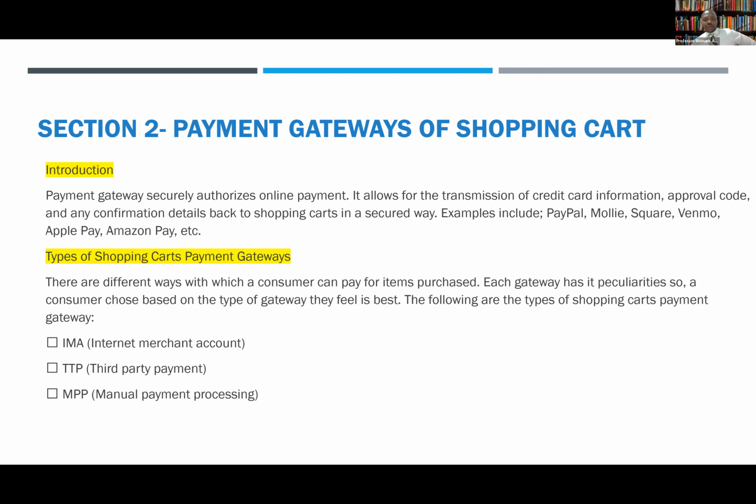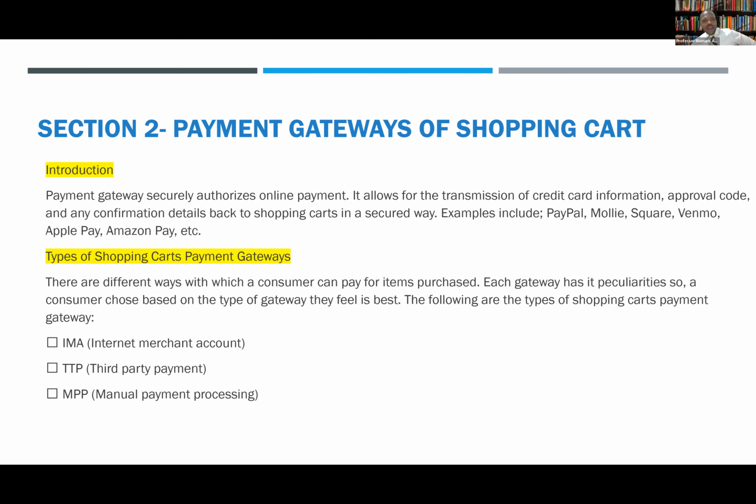Now we're going to get a little technical. There are different ways with which a customer or consumer can pay for the items purchased. Each gateway has peculiarities to a customer choice based on the type of gateway that they feel best with. The following are types of shopping cart payment gateway systems. Very, very important.